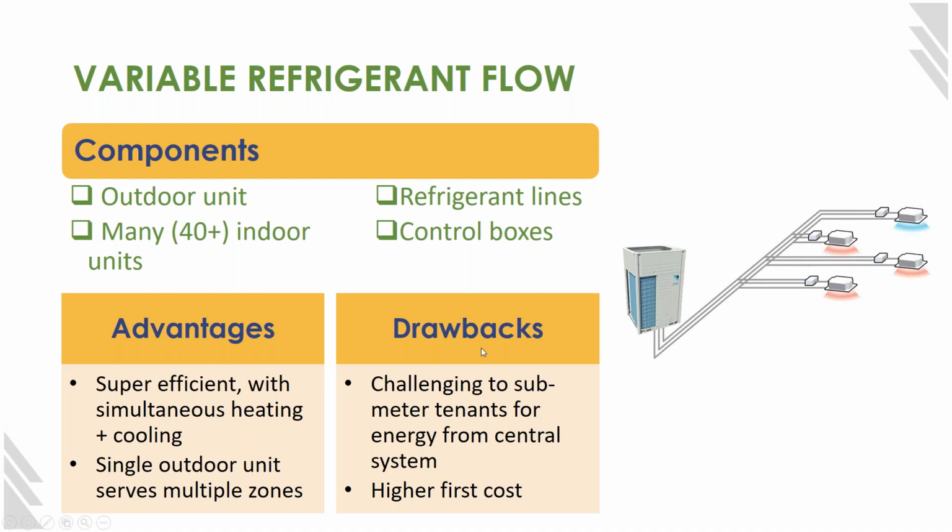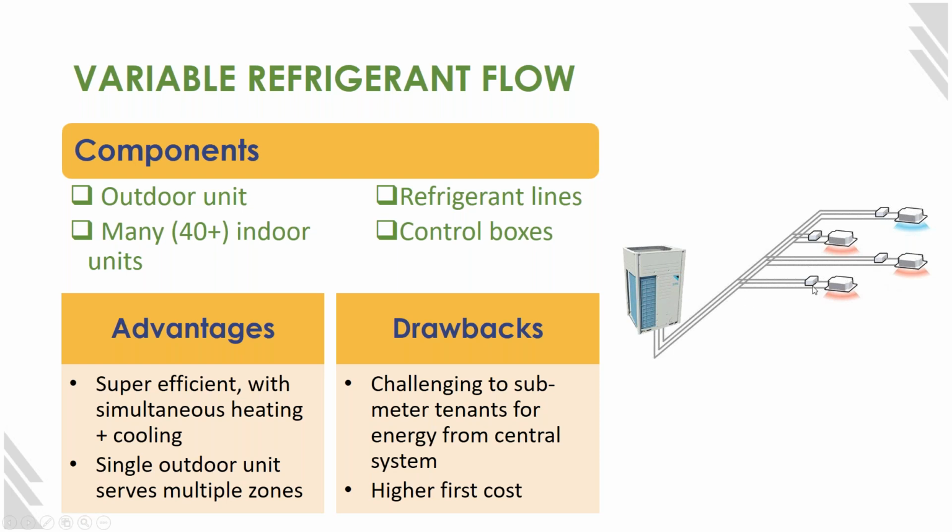Some of the drawbacks: these are central systems. So all of these spaces are on a single outdoor unit. So it can be challenging to submeter tenants for their energy. Like if each of these indoor units represents a separate apartment, there are systems from manufacturers of these VRF systems.